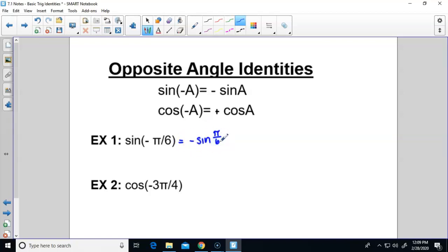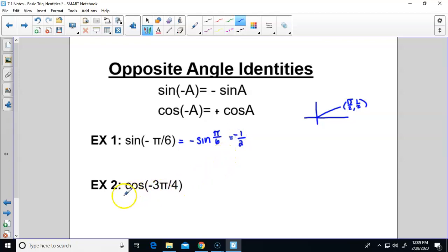On the unit circle, at pi over 6, the coordinates of that point are root 3 over 2, 1/2, and sine is your y coordinate, so you would get negative 1/2 as your answer.